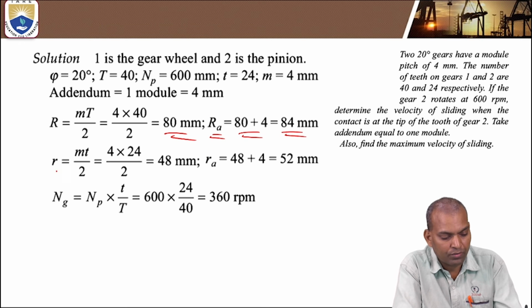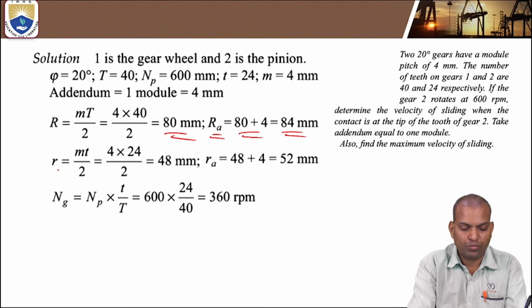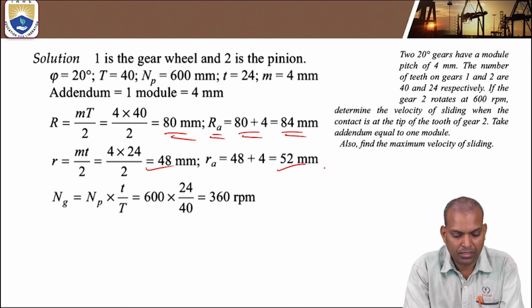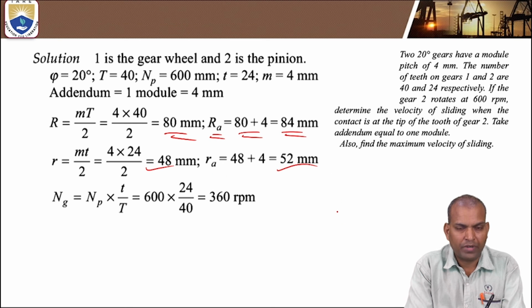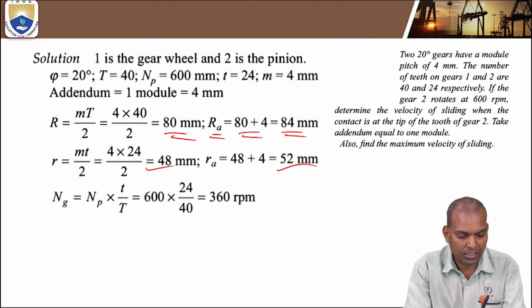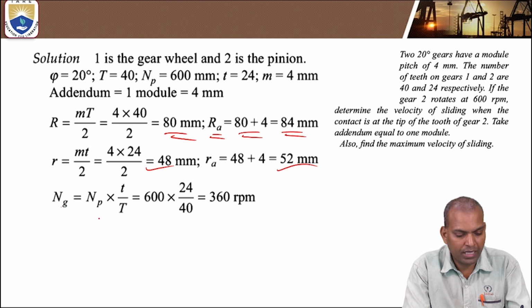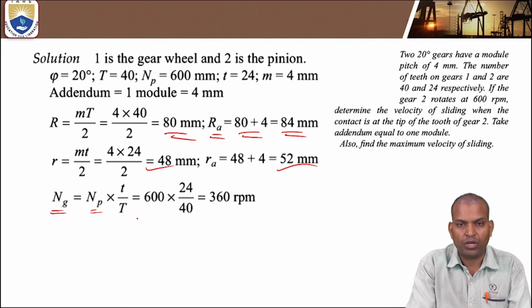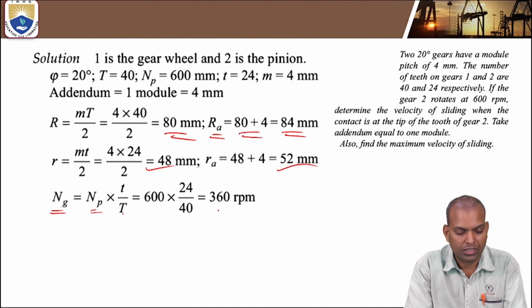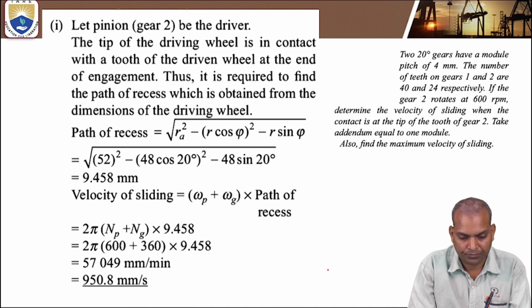Now 84. Similarly, small r equal to m into small t by 2, where Ra is the radius of the addendum circle and r is the pitch circle radius. From this, Ng by Np or Np by Ng equal to capital T by small t. From that, we know Np is 600, small t is 24 and capital T is 40. That gives the speed of the gear wheel, Ng.